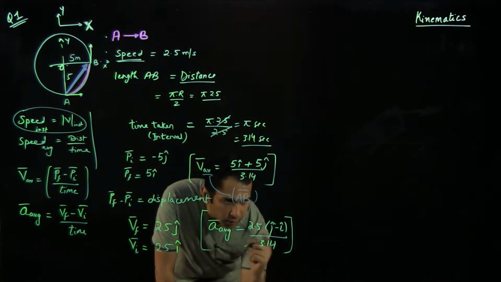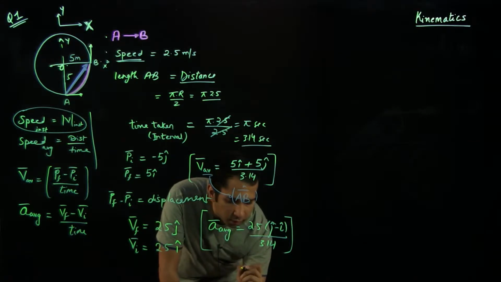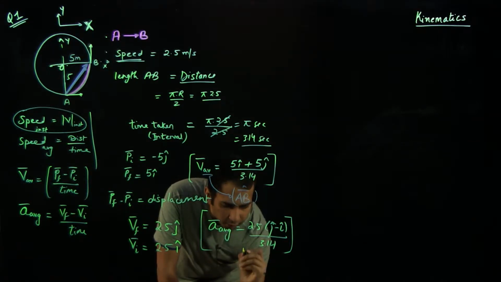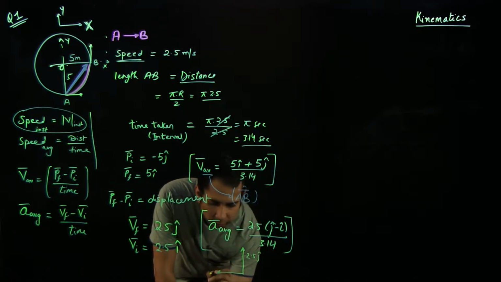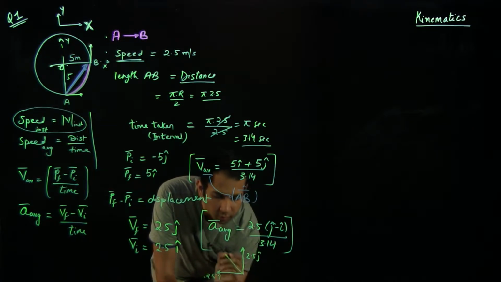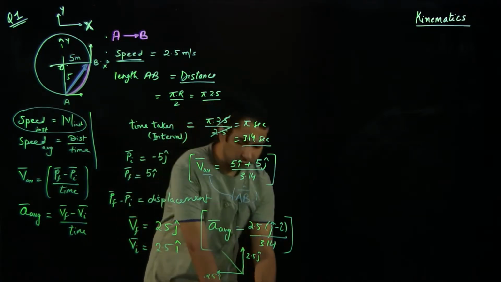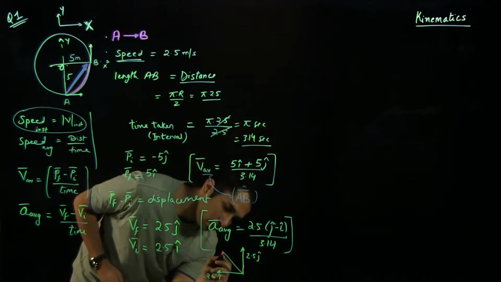The two vectors are 2.5 j cap and minus 2.5 i cap, so the direction of acceleration would be this.